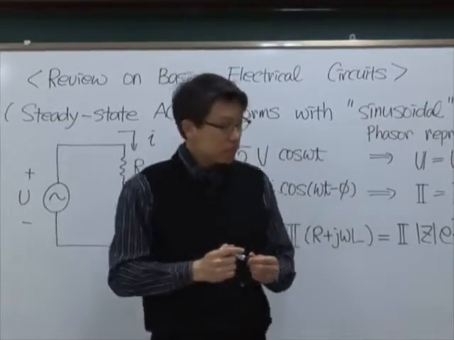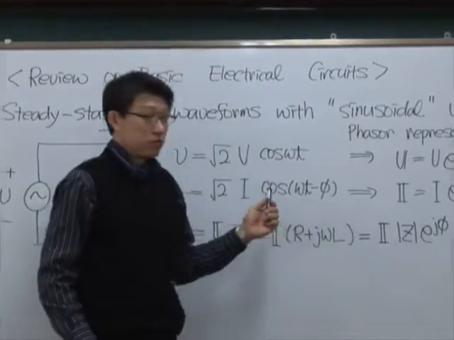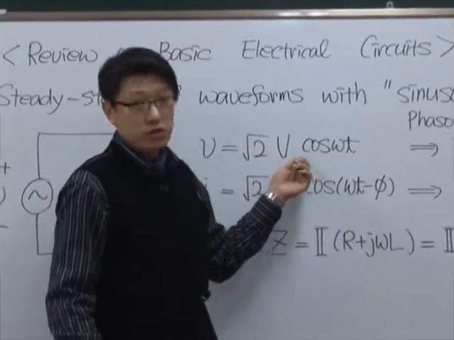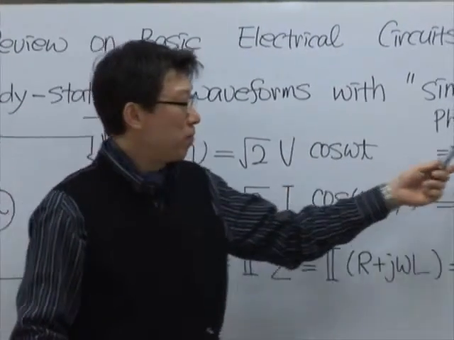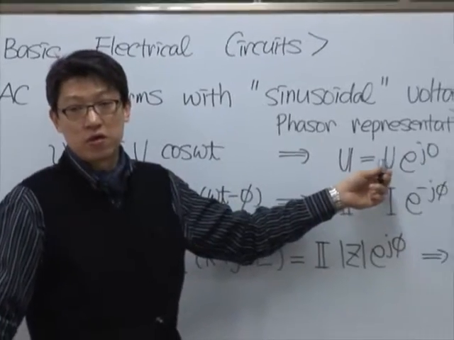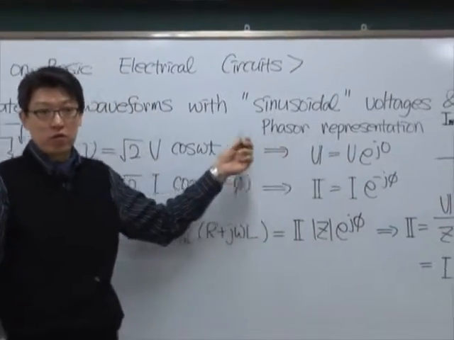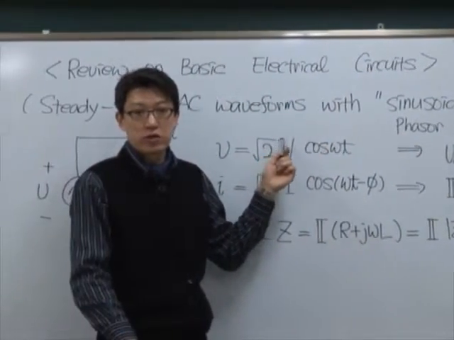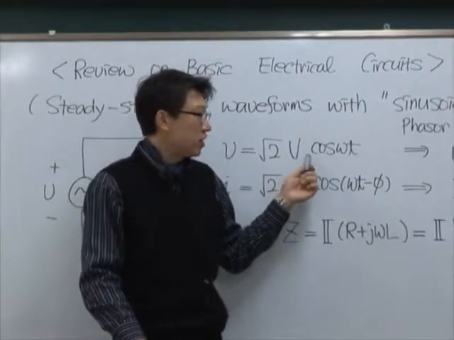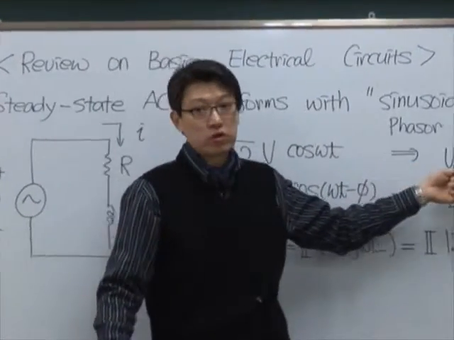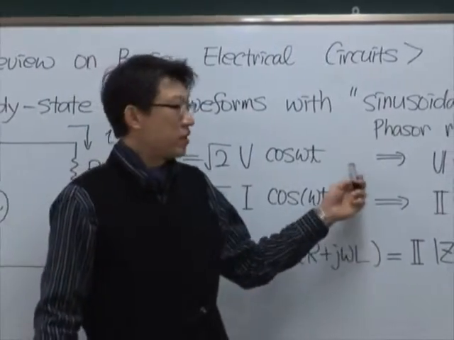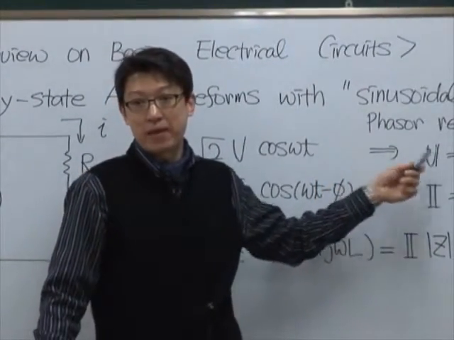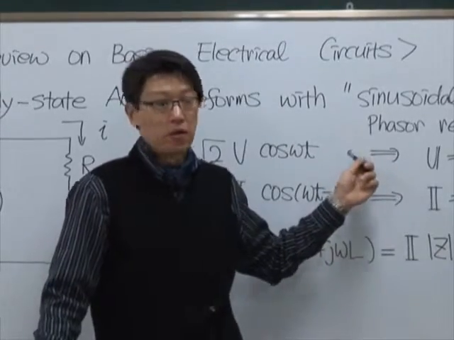Please take a look at this. This is the instantaneous value, right? And this is the complex quantity. So when we go from the instantaneous value to the complex quantity, we have certain rules. In mathematics, this is called a kind of mapping.